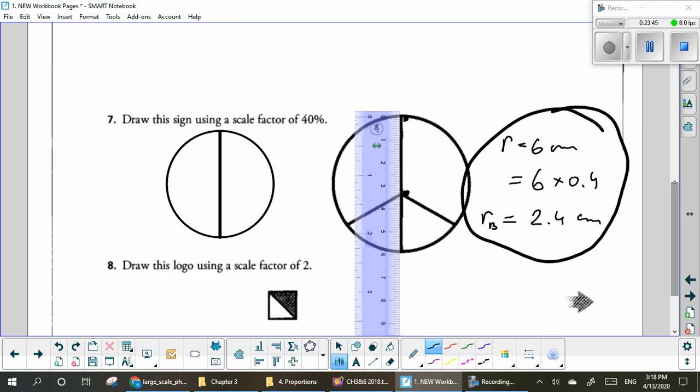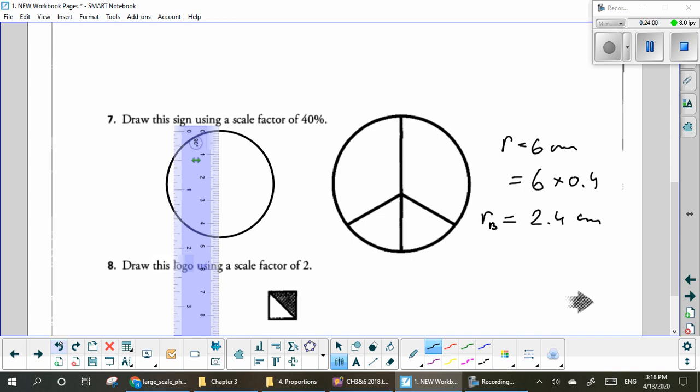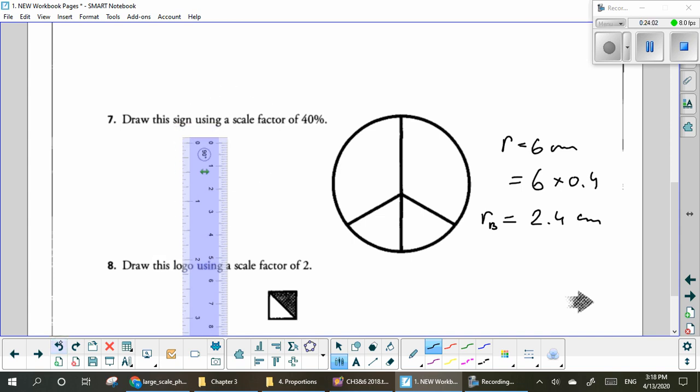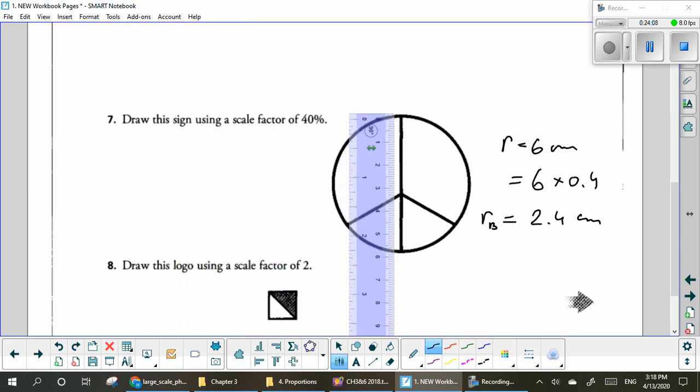Actually, I just realized I made a mistake. Yes, I did. Because I'm looking at this smaller circle here, and that doesn't seem like 40%. It seems too large. So here's where my mistake is. I'm going backwards, erasing the circle. Originally, when I measured this part here, that's not the radius.